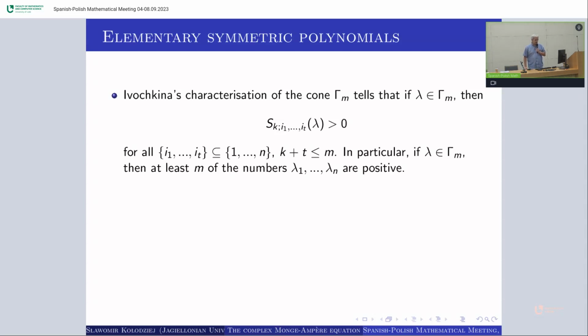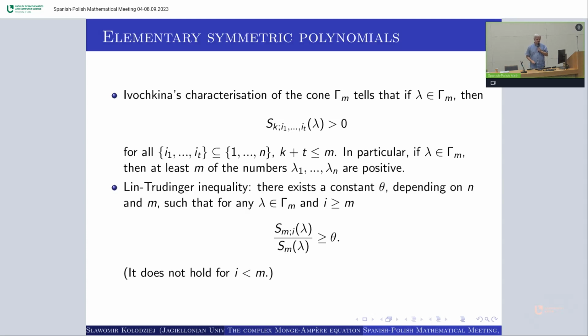And also an inequality which is used in the results which follow is by Lin and Trudinger. We compare S_m,i with S_m at lambda, and there is a universal positive constant theta. It's not written here, theta is of course positive. There is such a universal constant for which we have this bound.